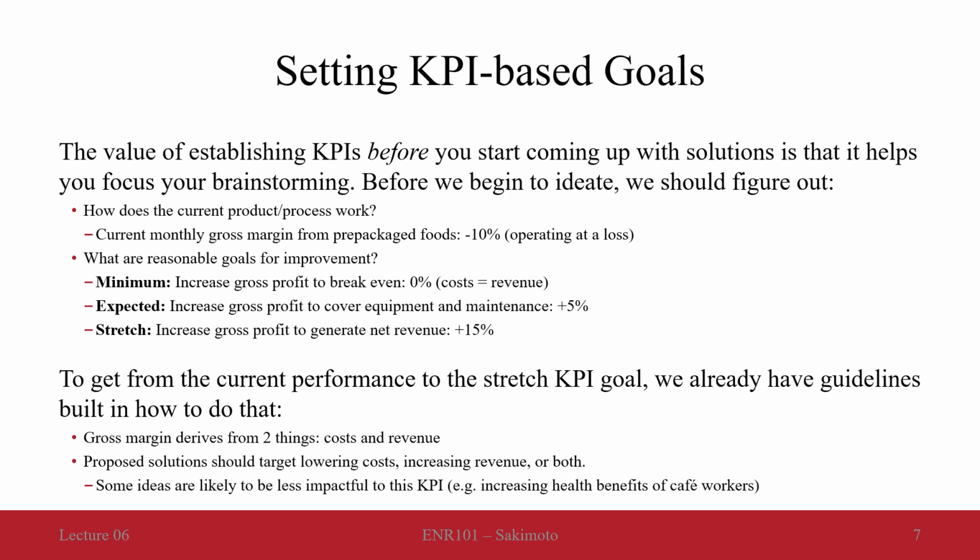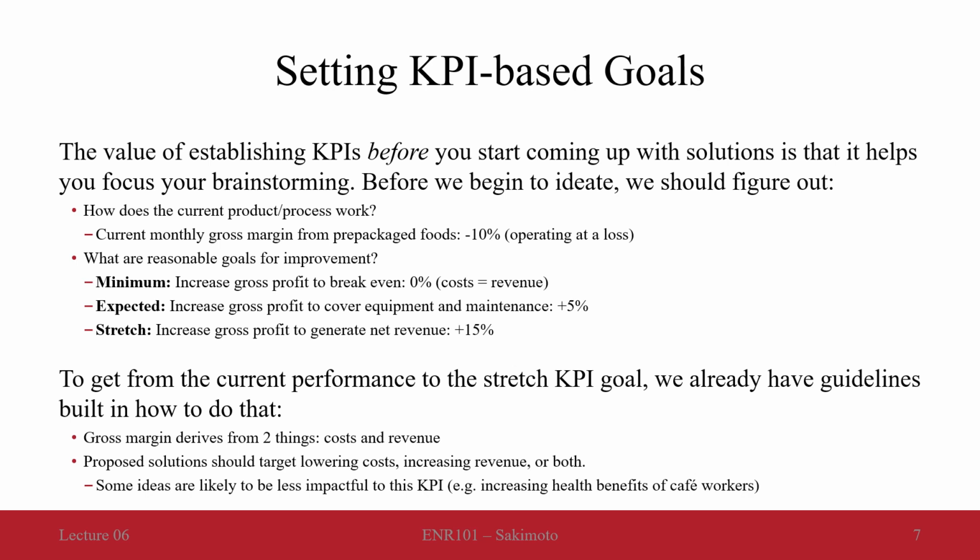To get from our current state, let's say of having a net operating loss, to a positive revenue, we can look at the KPI directly, and it gives us insight and guidelines on how we achieve those goals. We see that the gross margin comes from two different factors, the operating cost versus the revenue. And so we might focus our brainstorming, our ideation, on things that target lowering this cost or increasing this revenue.